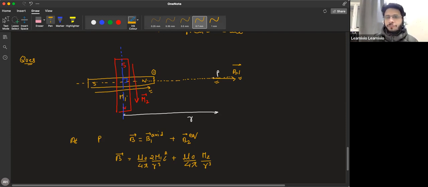Hishma, what is the direction of magnetic field on the equatorial line? Is it same as that of magnetic moment or opposite to that of magnetic moment? Same as that of magnetic moment. Same?